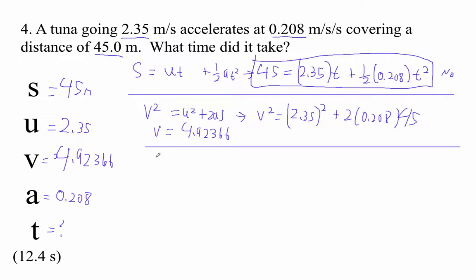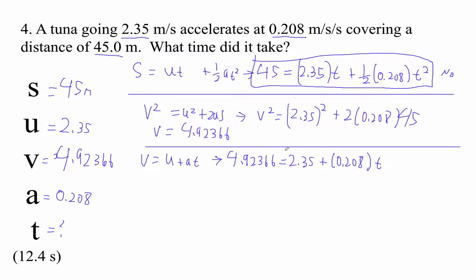All right, so now I can use v is u plus at and solve for t. That becomes 4.92366. I don't want to round that number because it's not like given to me, right? Is equal to 2.35 plus 0.208 times t.